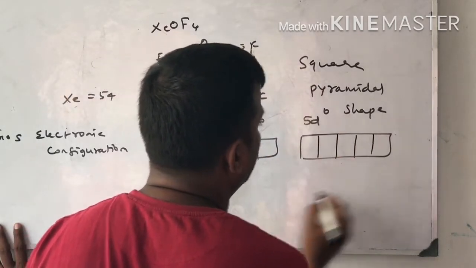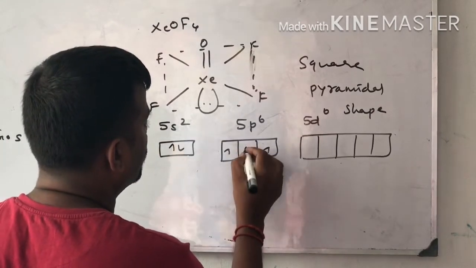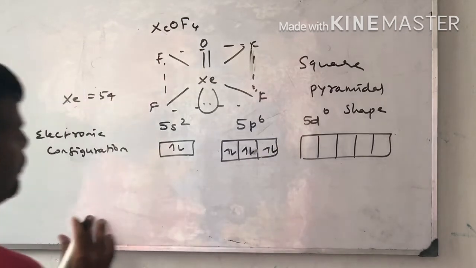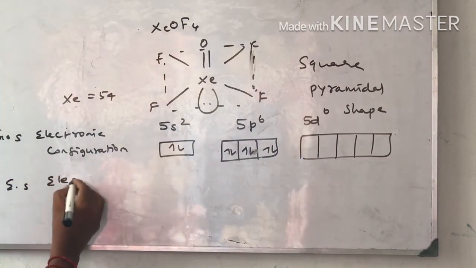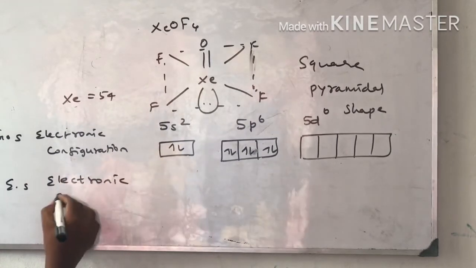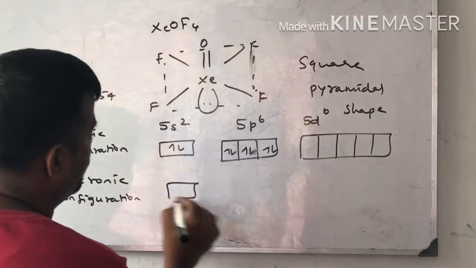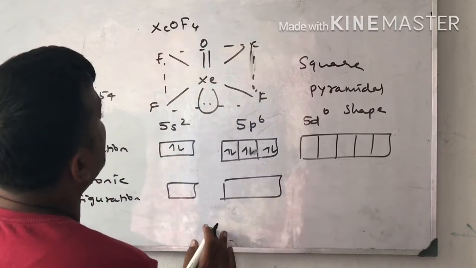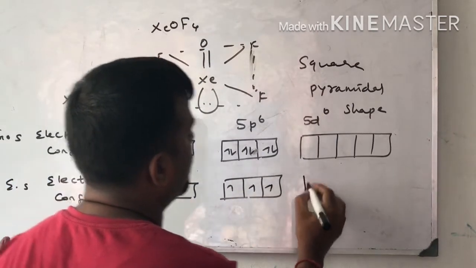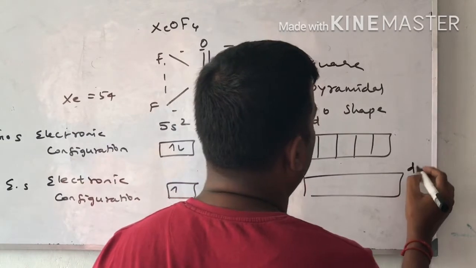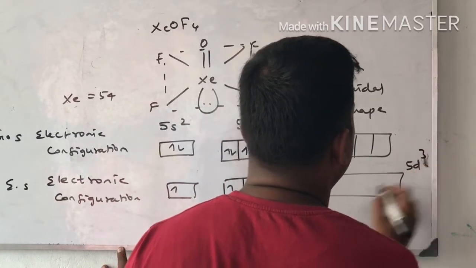Next one is the excited state electronic configuration. Three electrons from the p orbitals shift to the 5d orbital, 5d3.